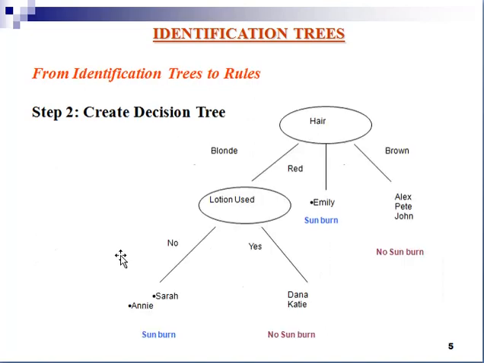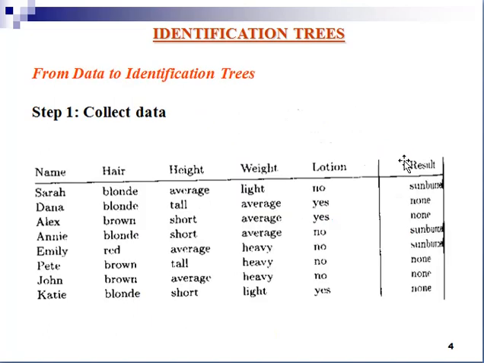So we have mentioned all these three possibilities with this attribute here, and then we can associate all the persons which have these hair colors. For example, if we look into the data set, who are those individuals which have brown hair color, then we will see that Alex, Pete and John have brown hair color.